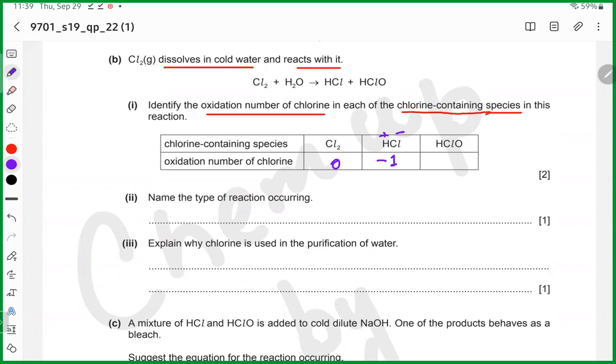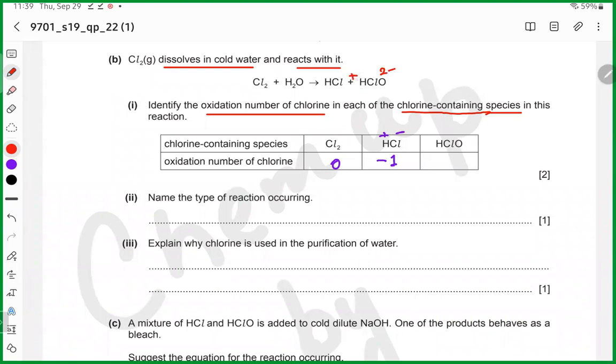Then we have HClO. If you work on HClO, you will find the charge of oxygen is 2-, which means H and Cl have a positive charge.